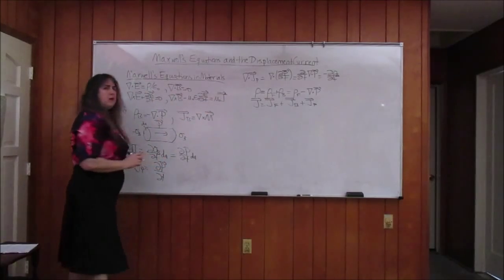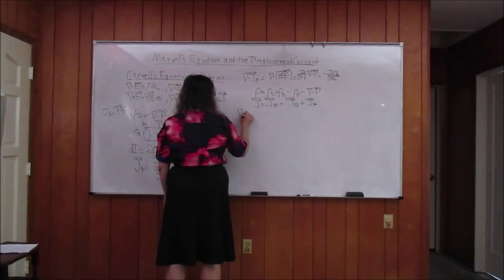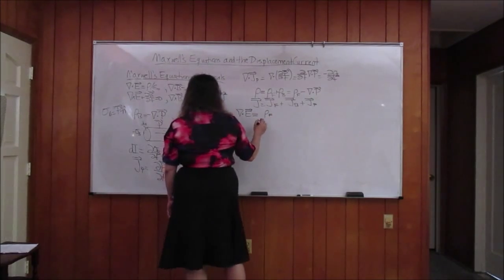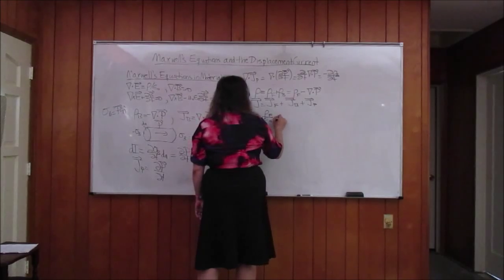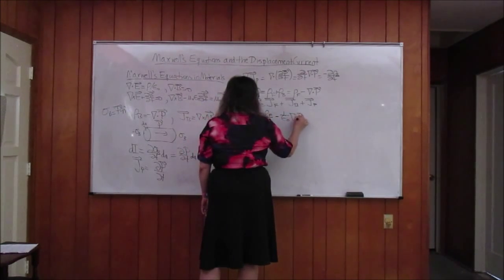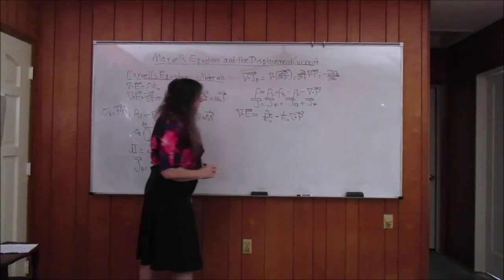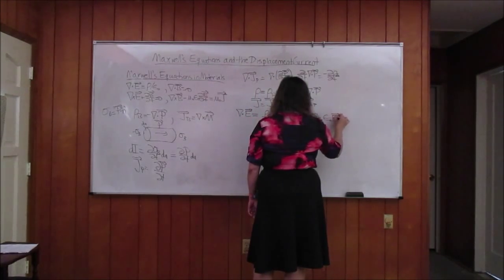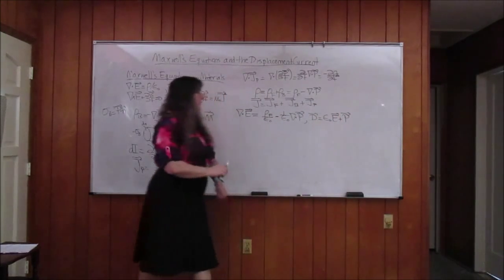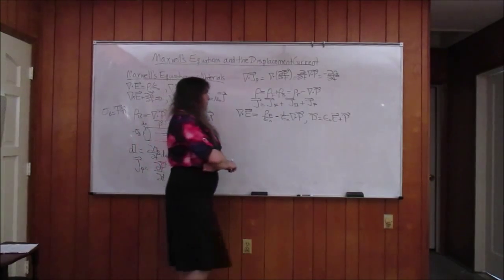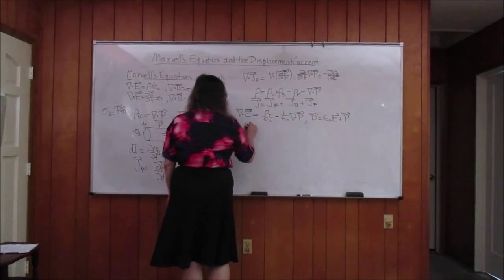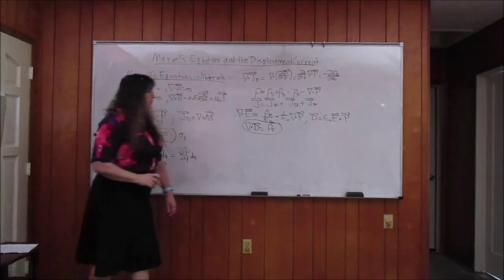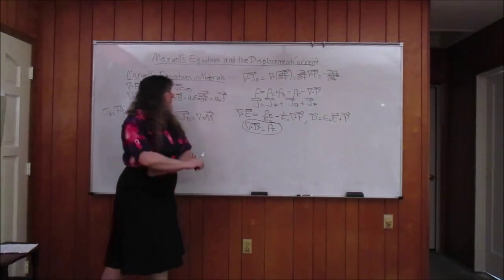I'm going to plug these back into my Maxwell's equations. Plug that into Gauss's law and make use of the fact that the displacement vector is equal to permittivity times the electric field plus the polarization, I can rewrite this expression as the divergence of the displacement vector is equal to the free charge density.